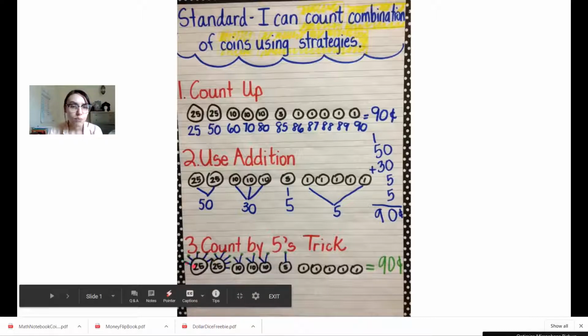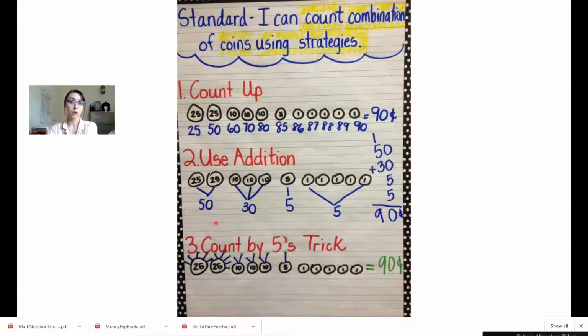So you could see these little blue lines that have been placed on the quarters and the dimes and the nickels, and then they just counted each line as 5. 5, 10, 15, 20, 25, 30, 35, 40, 45, 50, 55, 60, 65, 70, 75, 80, 85, 86, 87, 88, 89, 90. So that's another trick that you can try as you are counting up coins today.